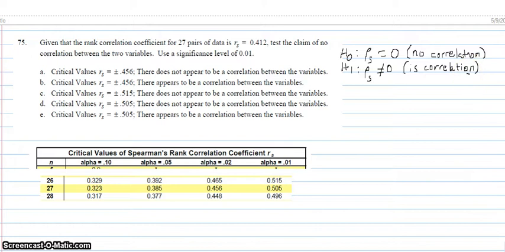Okay, the problem tells us our test statistic. So here's our test statistic. And it also tells us that our N is 27 and the significance level of 0.01.